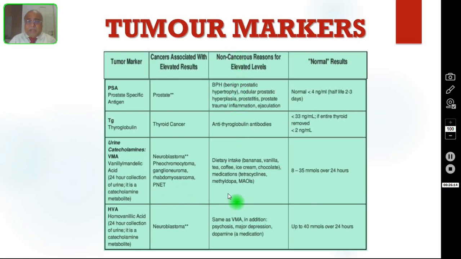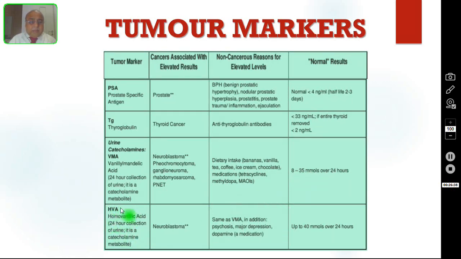It is also elevated in non-cancerous conditions like dietary intake of banana, vanilla, tea, coffee, ice cream, and chocolate. Medications like tetracycline, methyldopa, and MAOIs. The normal value is 8 to 35 millimoles in 24-hour urine collection.